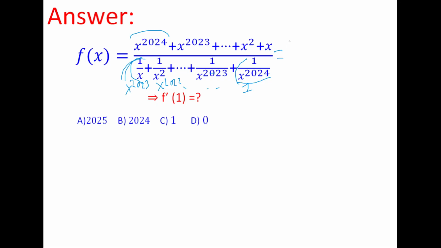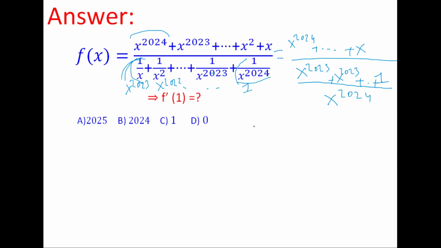The numerator part will be the same, so x to the power of 2024 plus up to 1, divided by, now I'm going to have something like this in the denominator: x to the power of 2023 plus x to the power of 2022 plus, and then I'm going to have 1 as a last term divided by x to the power of 2024.